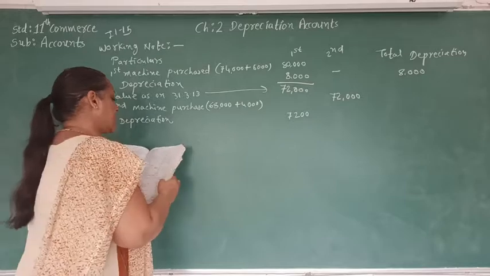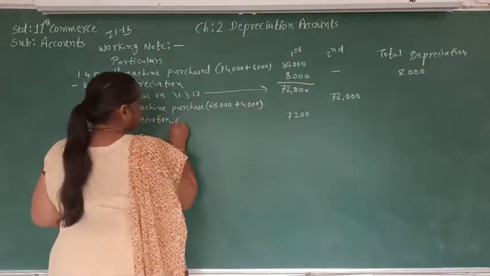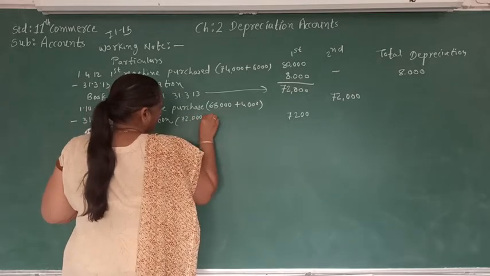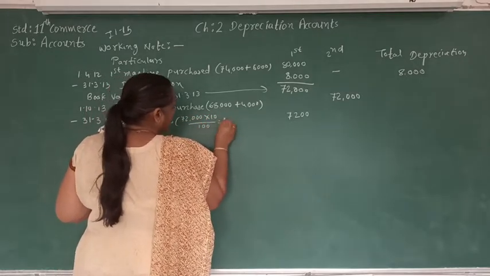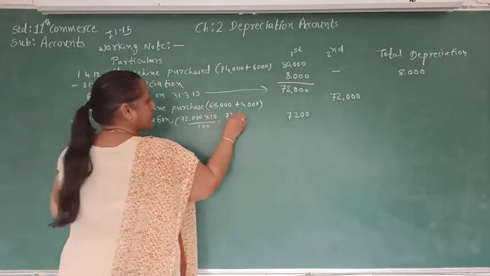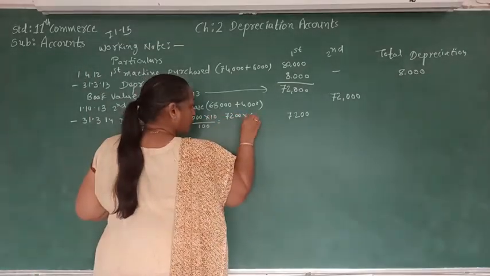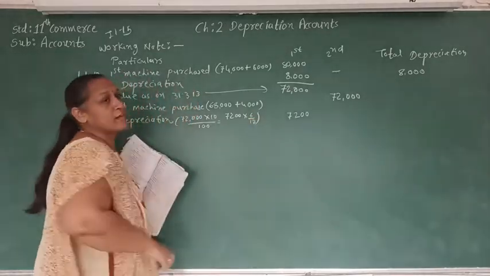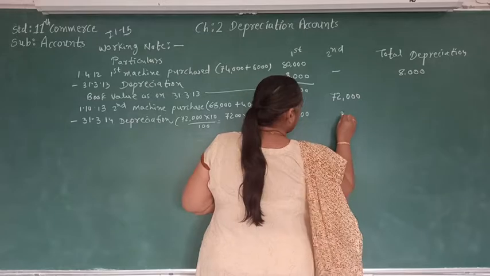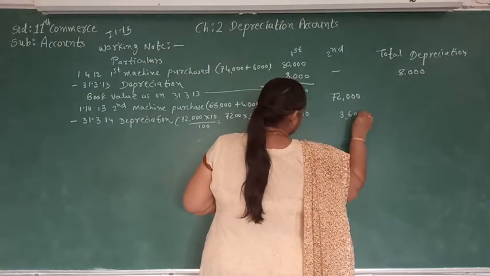Depreciation for the second machine we have to calculate, as it is used for 6 months only. 10% of 72,000 will be 7,200, and for 6 months it will be 3,600.